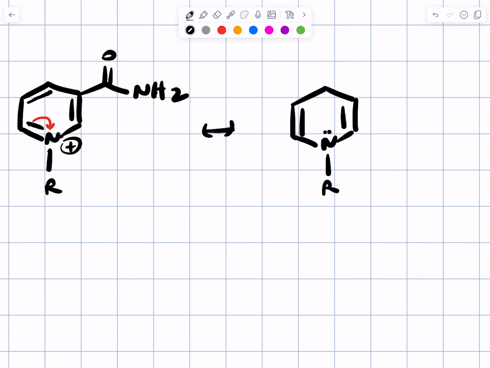And then we could stop there and leave a positive charge on this carbon, or we could move this pi bond down to form a pi bond between, I'll call it carbons 1 and 2. In any case, you might ask, why didn't I just leave a positive charge on carbon 2?